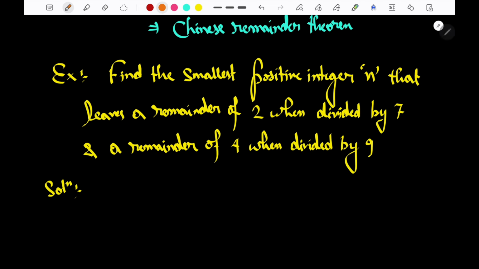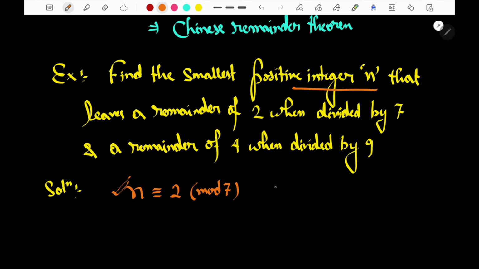How do we formalize the statement? Let's say it be n, because it is already written n, so n is congruent. Now how do we write this? I have already told you a bit about congruence while I was discussing permutation and combination. So how is it read? n is congruent to 2 modulo 7.